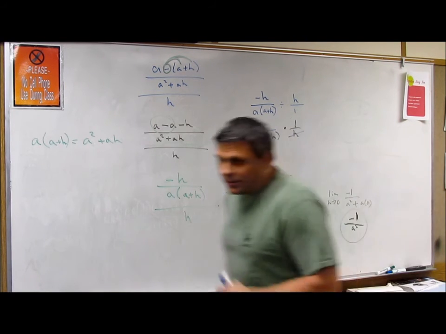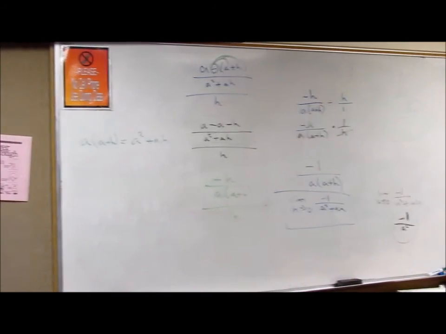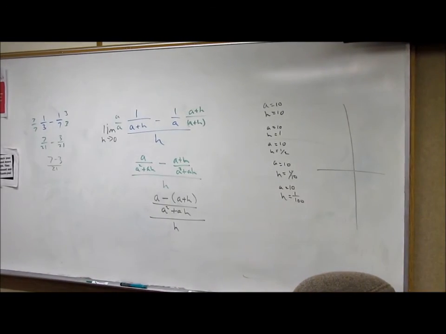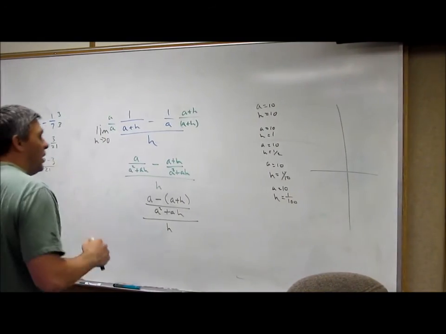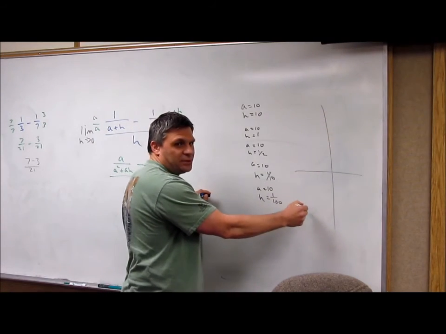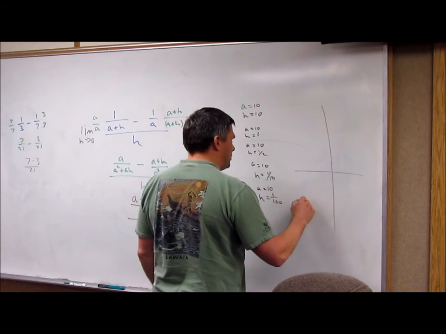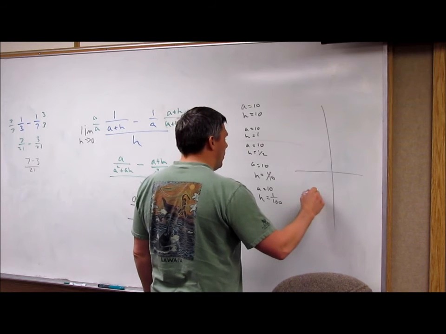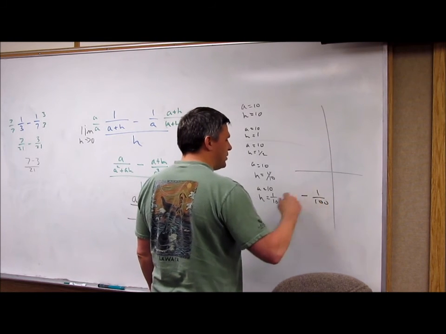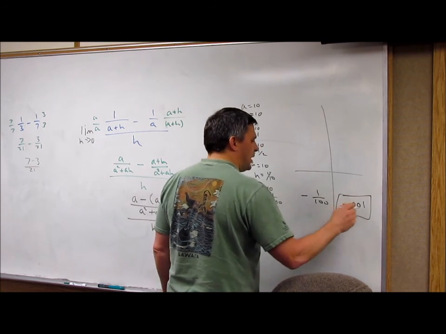Ta-da! Okay? So over here, we should know that as we come closer and closer to 0, the limit should go to negative 1 over a squared, which would be negative 1 over 100, so negative 0.01 is where you're heading.